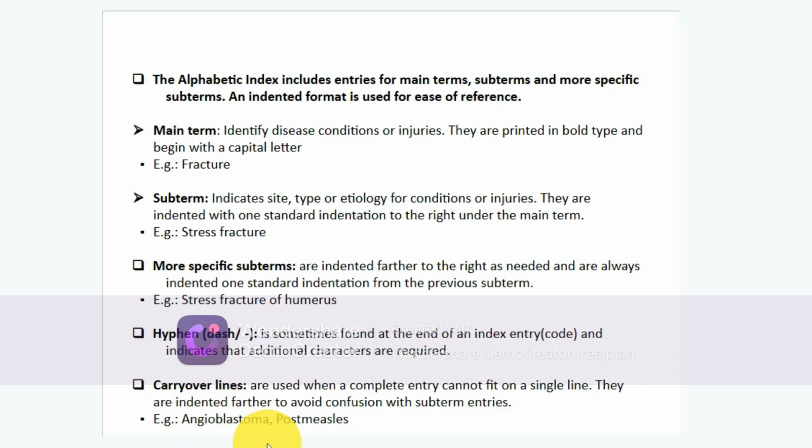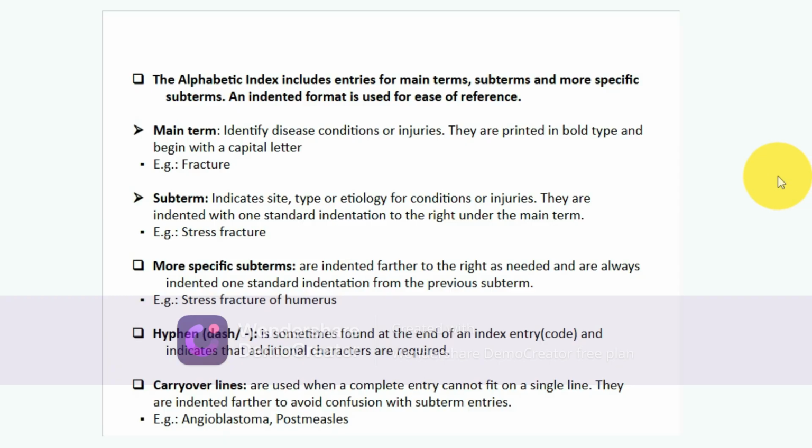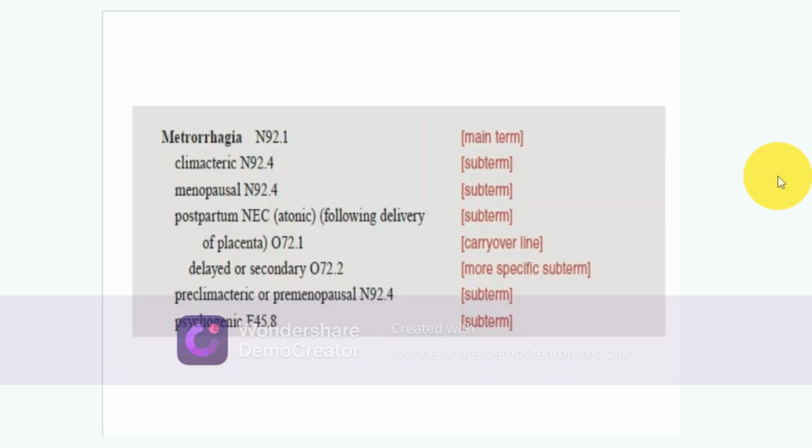These terms are used generally. Here you will see an example: Metrorrhagia N92.1 is the main term. Below you will see climacteric N92.4 and menopausal N92.4 as subterms.